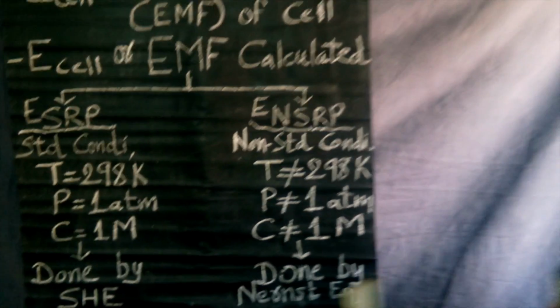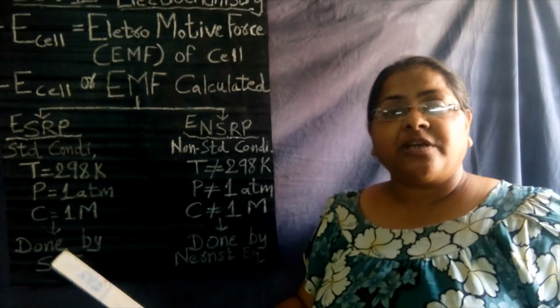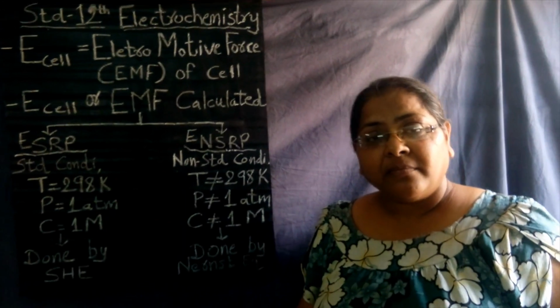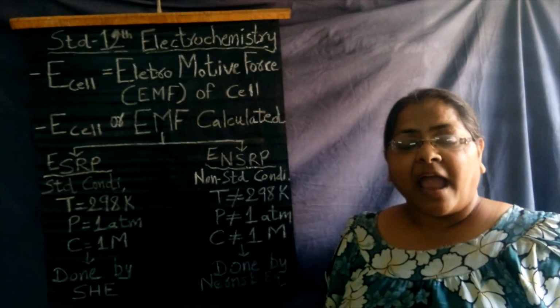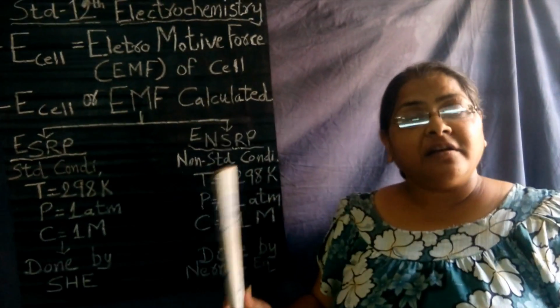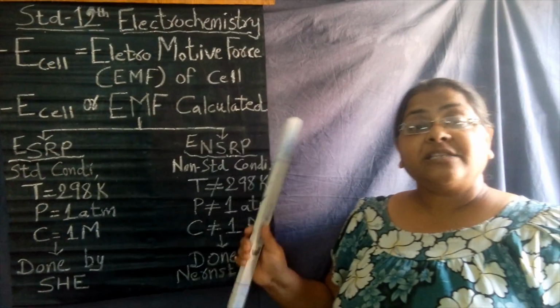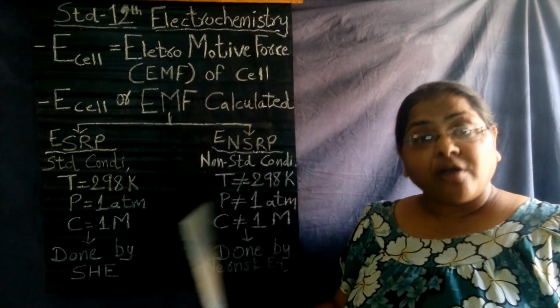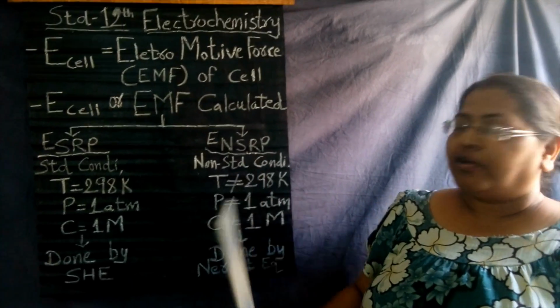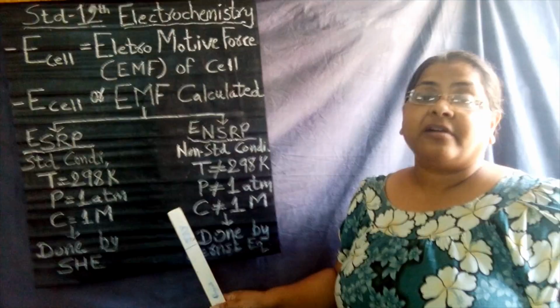Scientist Nernst combined the studies of equilibrium and thermodynamics, and by the use of these two he has given us the Nernst equation, which will help us to calculate the non-standard potential, because the condition is not satisfied as the standard condition.